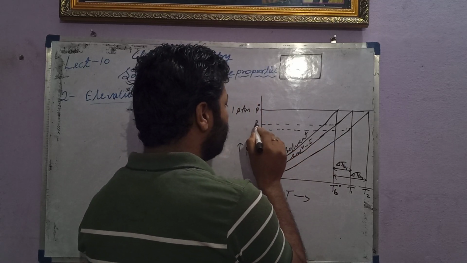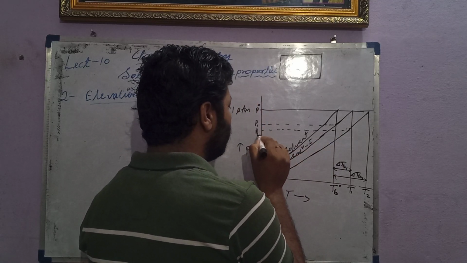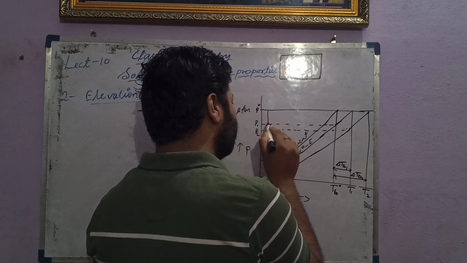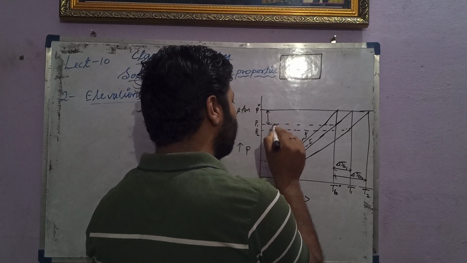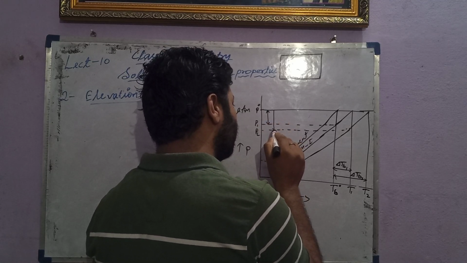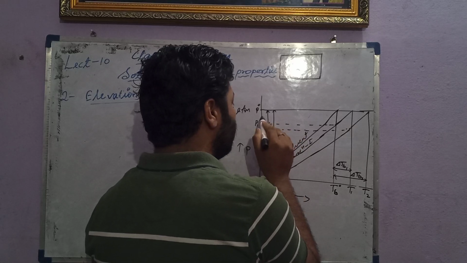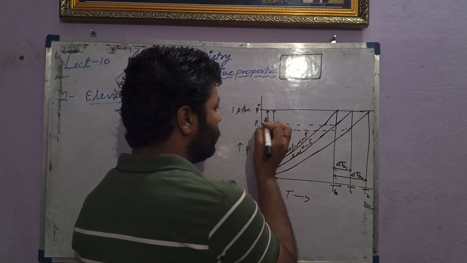Suppose this is P1 and this is P2. So this value indicates delta P1 and delta P2.